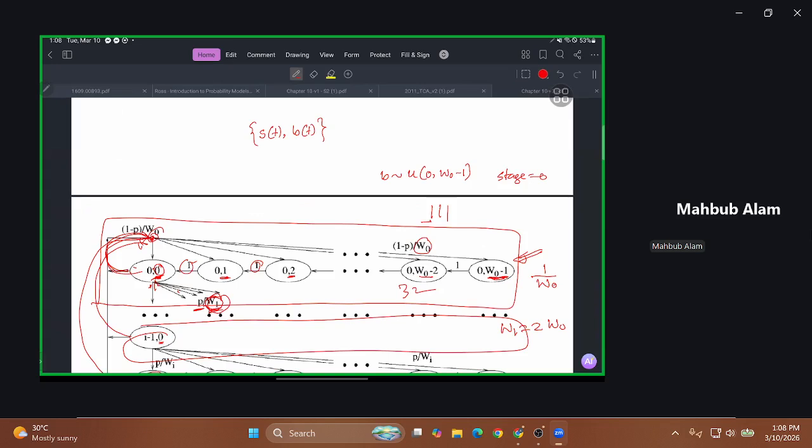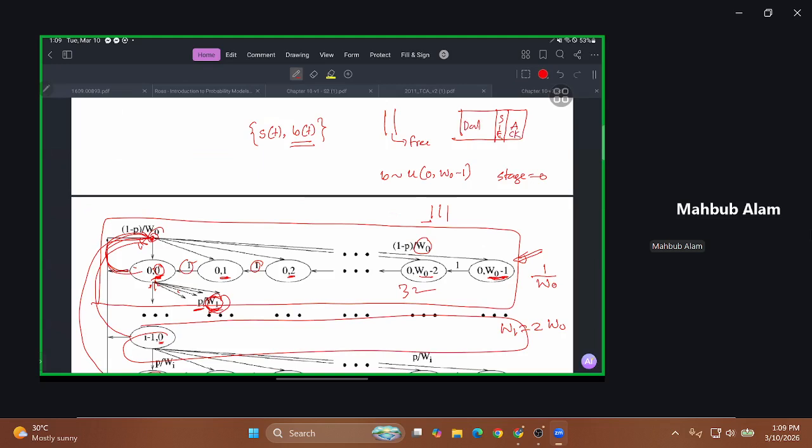After every slot time, the backup counter value is decreased by 1 if the current slot is a free slot. If the current slot is a busy slot, then a transmission starts. Then after SIFS, an ACK is transmitted.